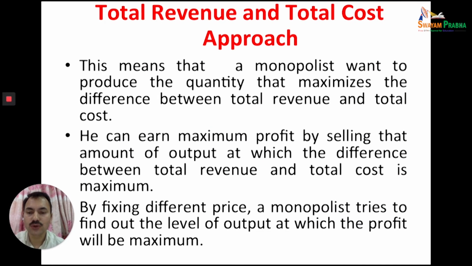Because the monopolist is the only producer in the market, he has full control over the price. He can differentiate the price. He can sell the same commodity at different prices to different persons. So by changing or fixing different prices in the market, he tries to find out this level of output.